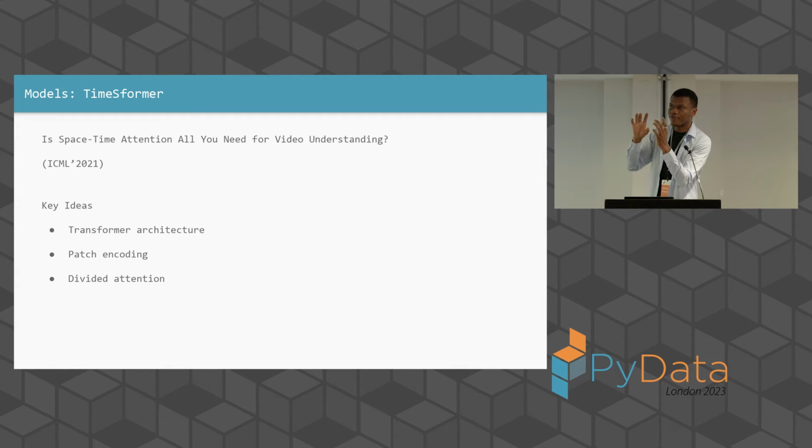So say you have your 36 by 36 frame, you try to find the attention of the top left patch with, say, the bottom right patch or other patches. So the idea is they do divided attention, and they combine those for action recognition purposes.